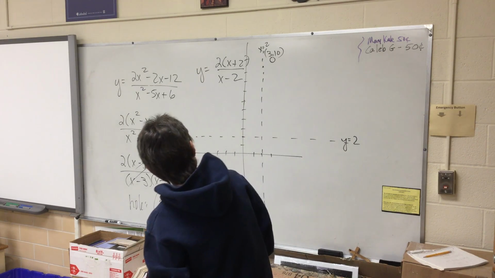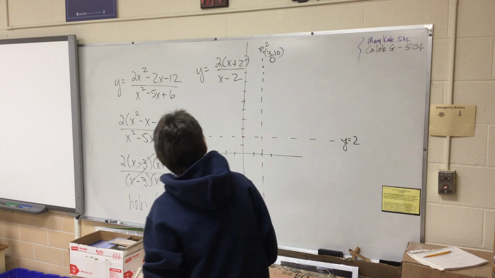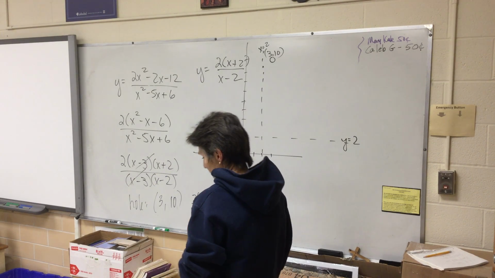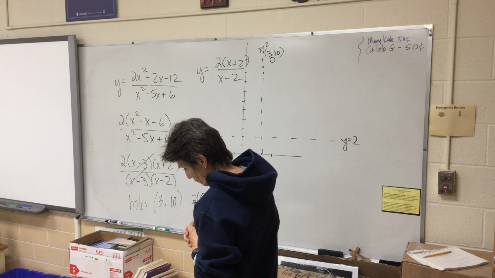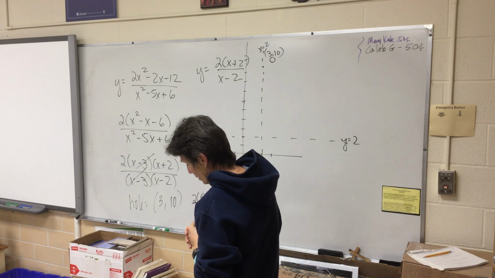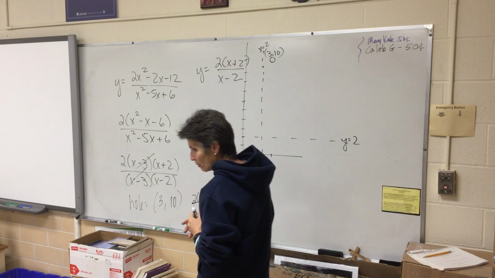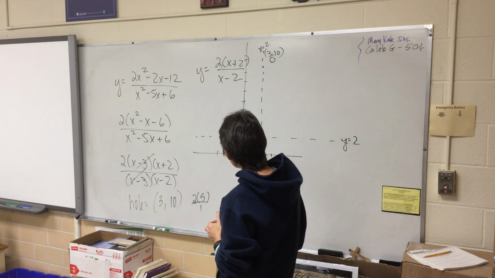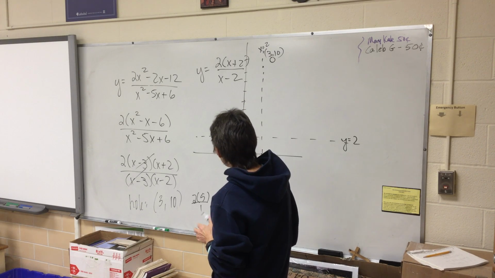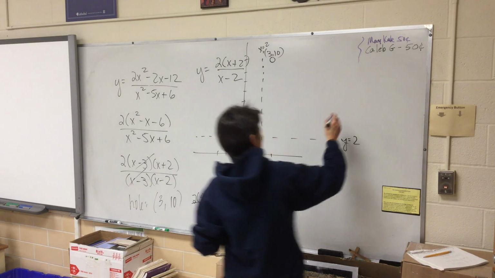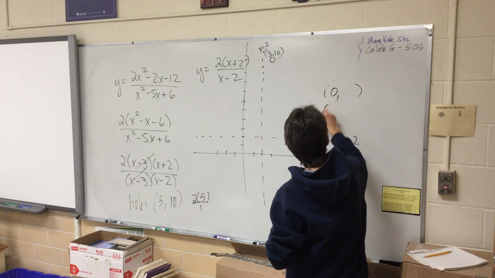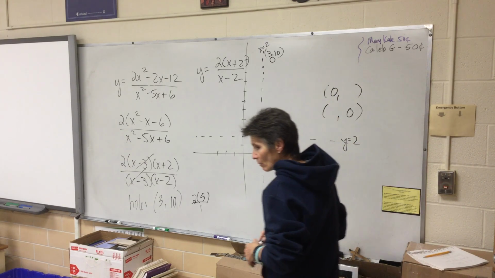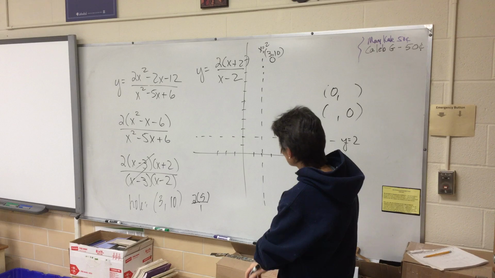All right, what else do you notice about it? Well, what else do we need? We're missing some pretty important stuff. What are we missing? And y-intercept. Yeah, we're missing the intercepts. Now, remember, the intercepts are points that we find by just letting each coordinate be 0, one at a time.